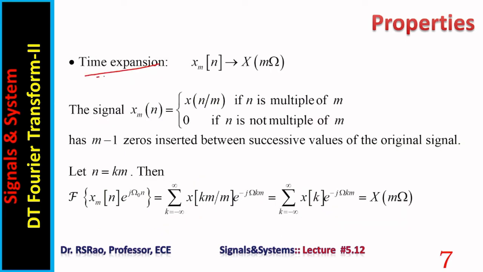Now time expansion property. Fourier transform, that is discrete time Fourier transform of x m of n is equal to x of m omega.